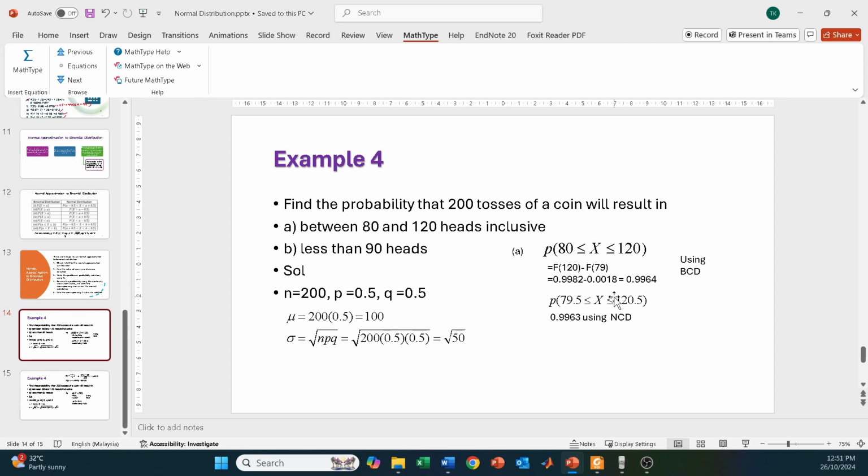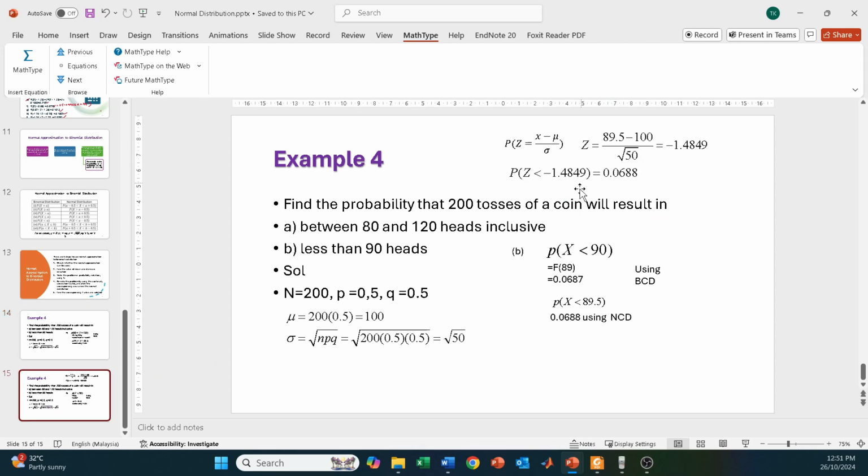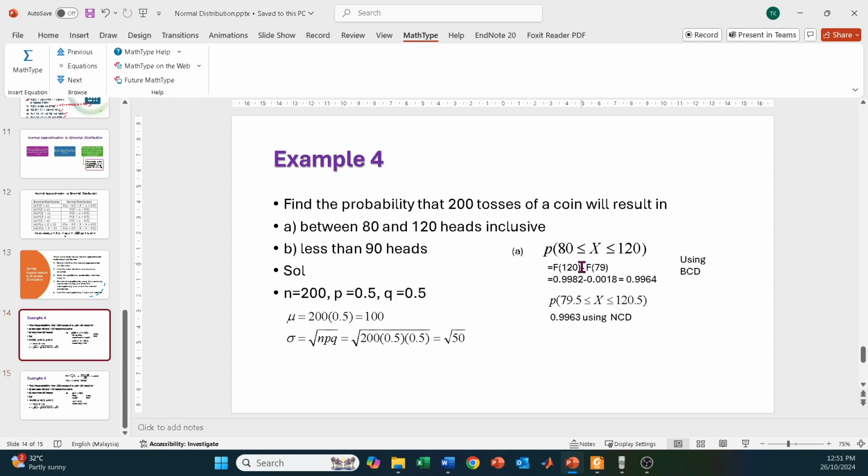Using the scientific calculator, you can straight away key in the lower bound, upper bound, mu and sigma. It will be faster than converting.